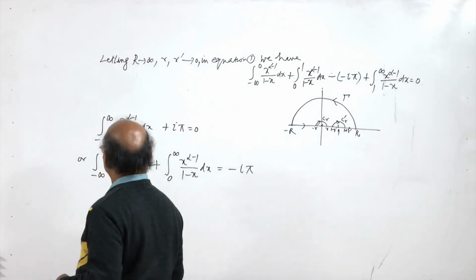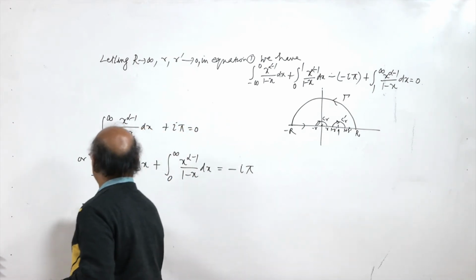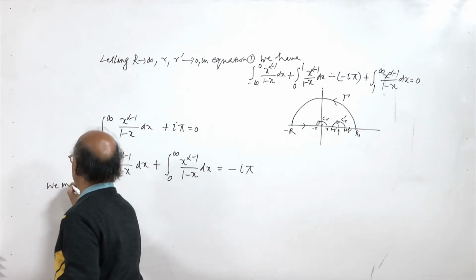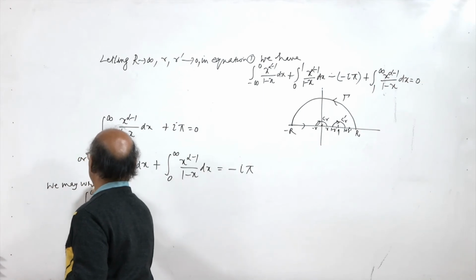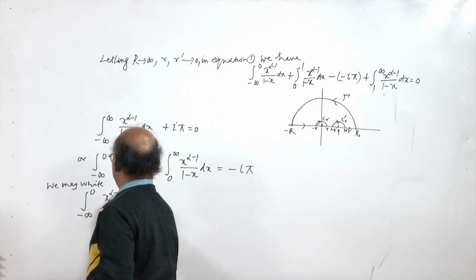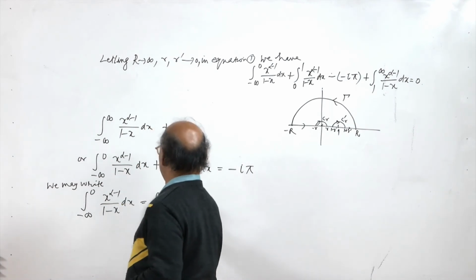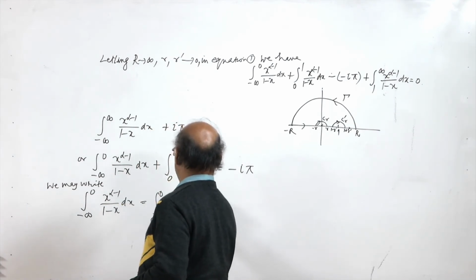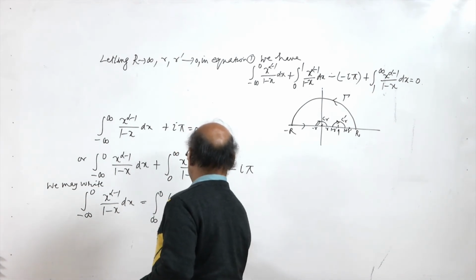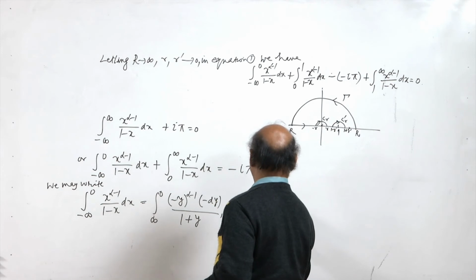Let us now change the integral from minus infinity to 0 into 0 to infinity. So, integral over minus infinity to 0 of x to the power alpha minus 1 upon 1 minus x dx equals, by putting x equal to minus y, integral from infinity to 0 of minus y to the power alpha minus 1 times minus dy divided by 1 plus y.